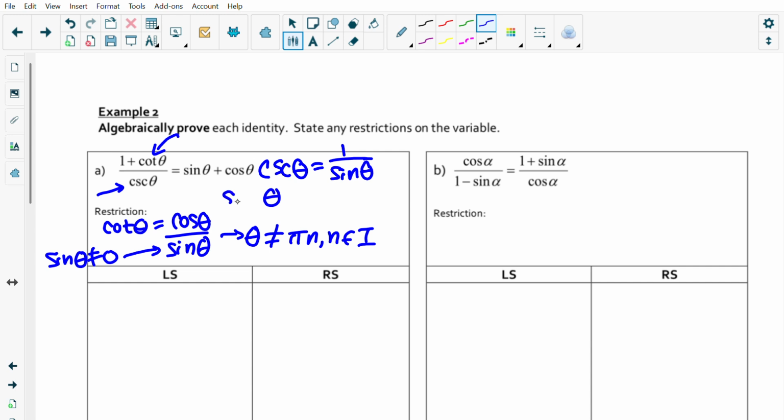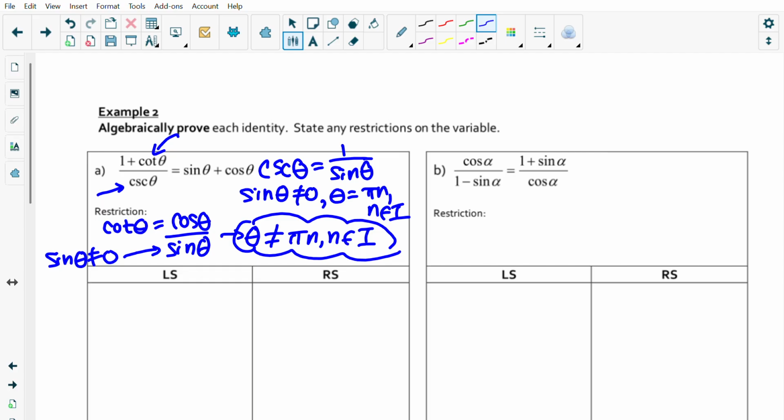So let me just restate this: sine of theta cannot equal 0, otherwise cosecant of theta will be undefined. Can't have that. So theta does not equal pi n, n is an element of all integers. Well, that's the same one we have here. So we have one restriction.